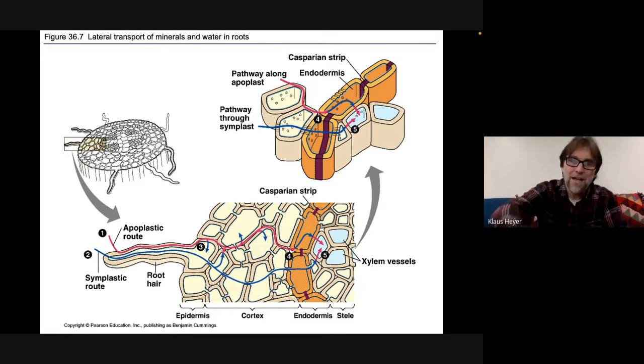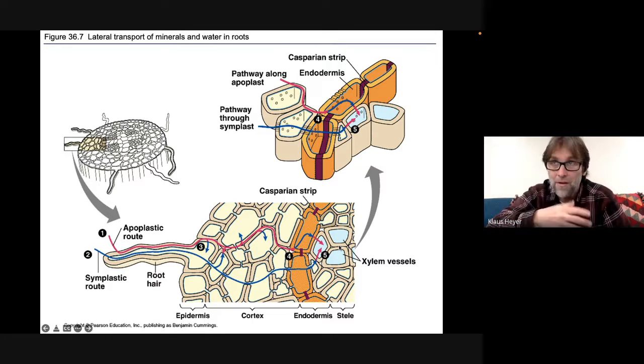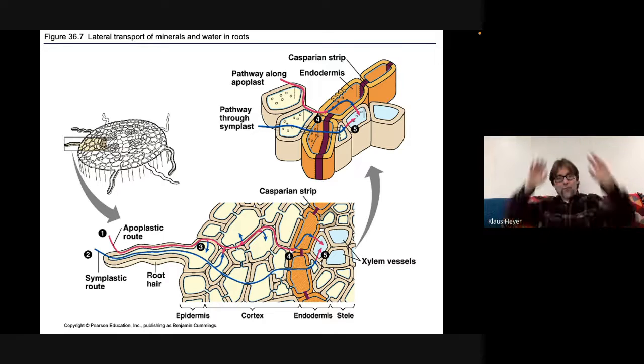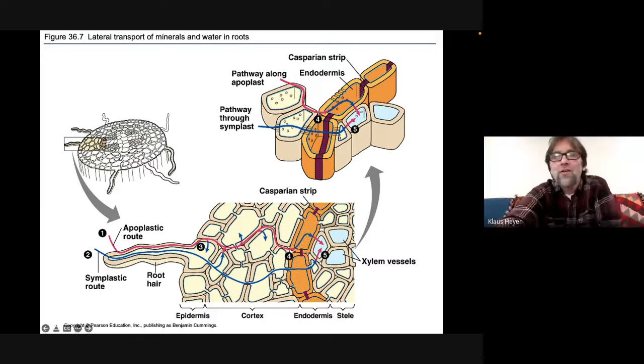And once the water gets to the xylem, the vascular tissue, it can go all the way up the plant. So if there's something bad in there, you need to find it before it gets to the vascular tissue in the root, because then it's just going to go. So they have this thing called a Casparian strip.